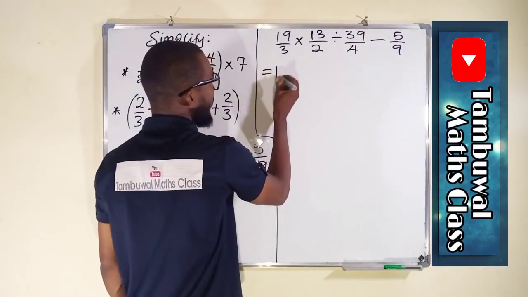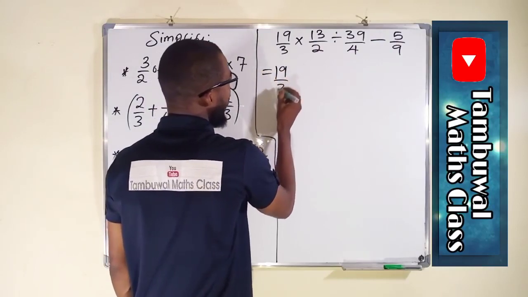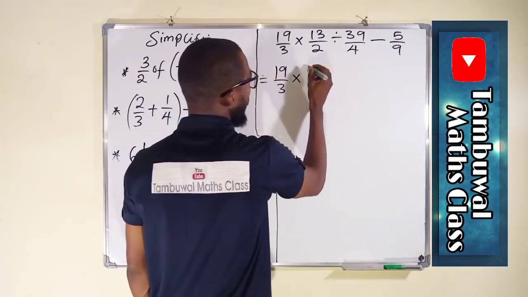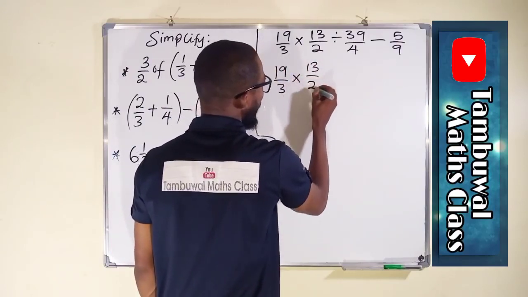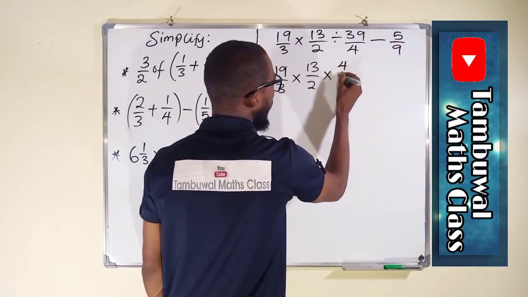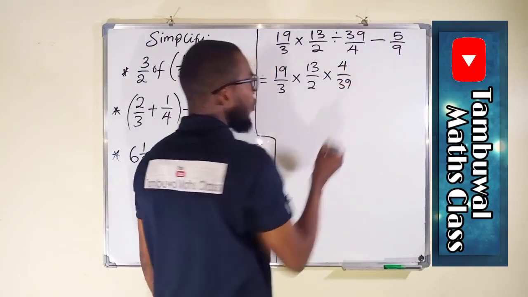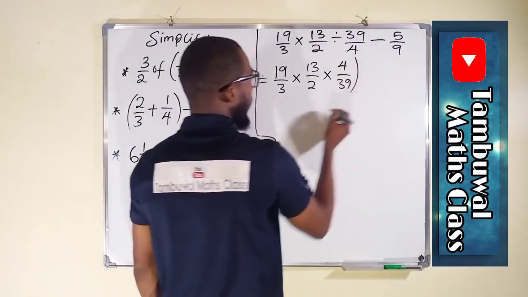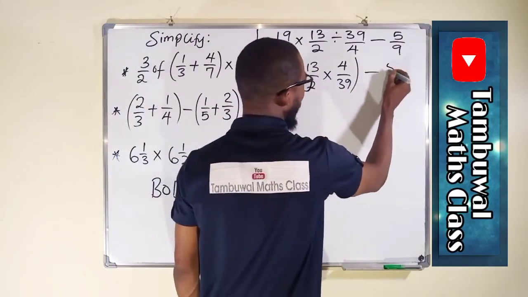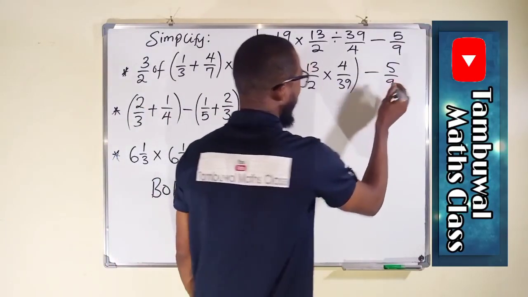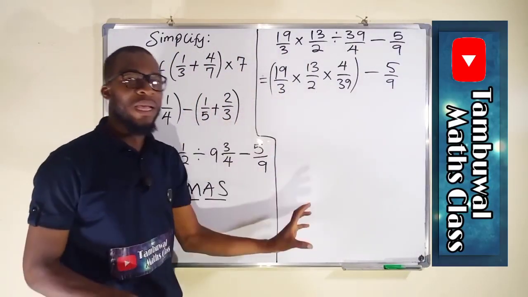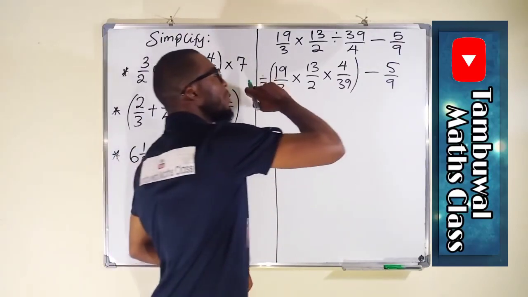So this becomes 19 over 3 multiplied by 13 over 2 multiplied by, then you take the reciprocal, we have 4 over 39. Just flip it over. Put parentheses here because we are dealing with this one first. Minus 5 over 9.